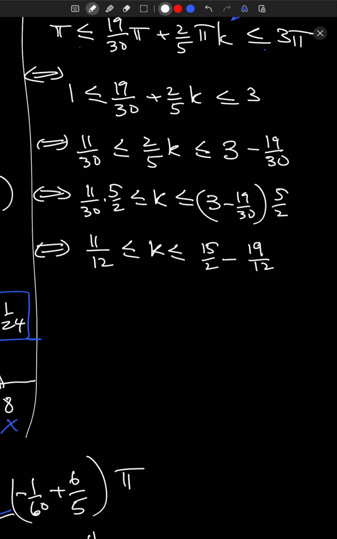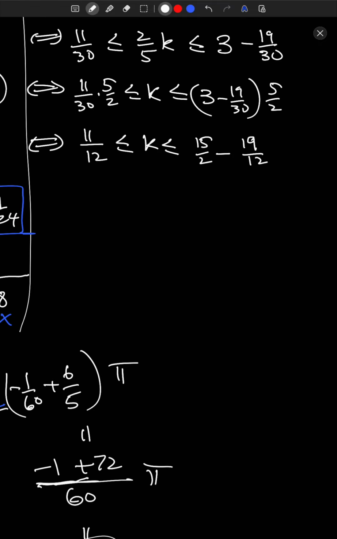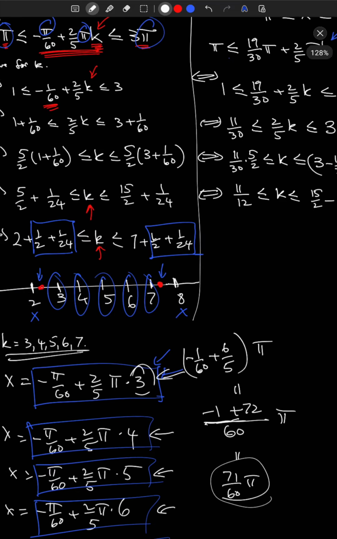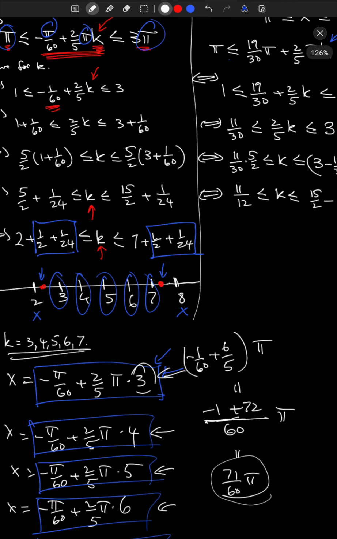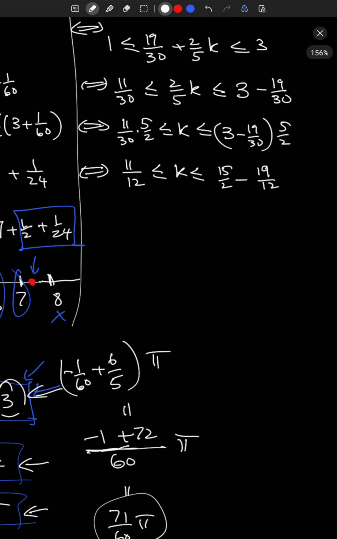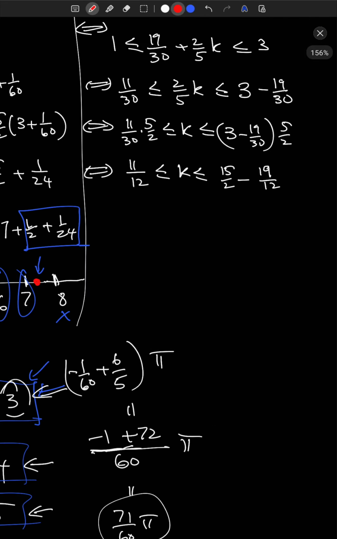Okay, now this left-hand side is clean, right? Again, I want to write it as a whole number plus a fraction less than 1. So this guy is already a fraction less than 1, right? So I'm all set here.